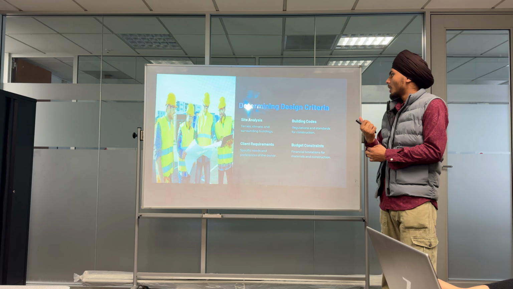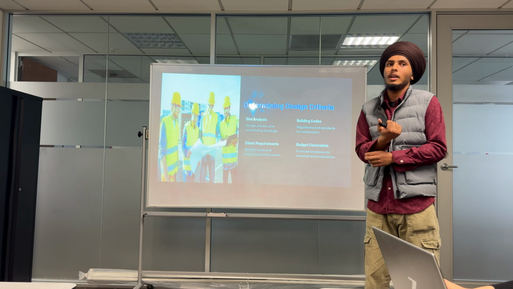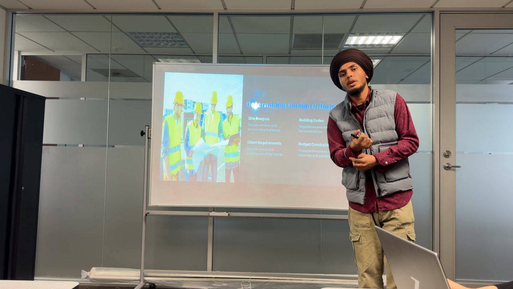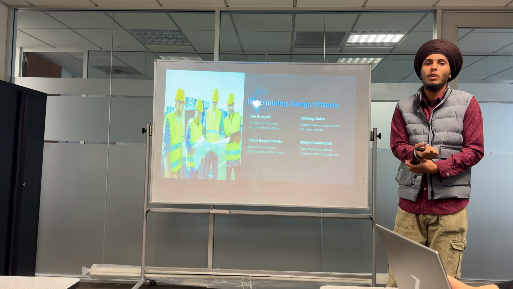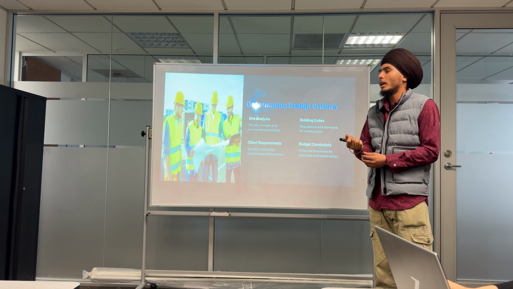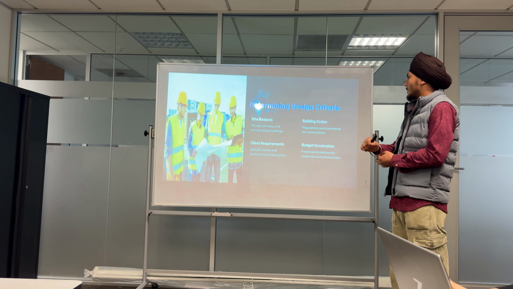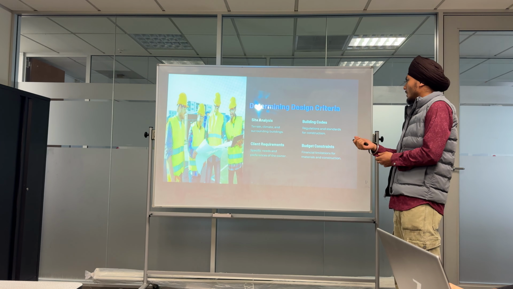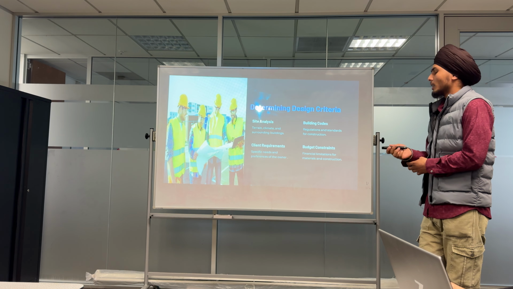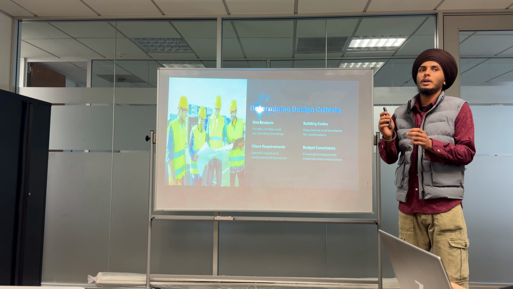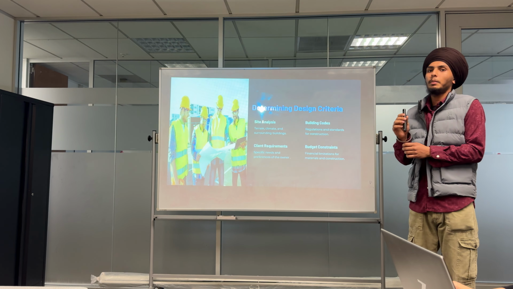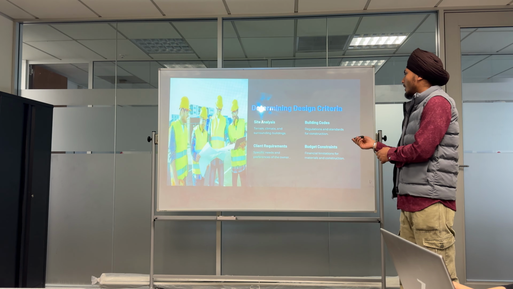The third point is client requirements, what the client needs. We always need to work according to what they want and require. And the fourth and last point is budget constraints, the financial limitation for material and construction. We have to make our budget and not cross that budget, and this is the main point.